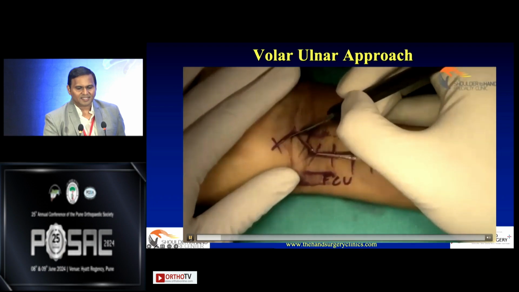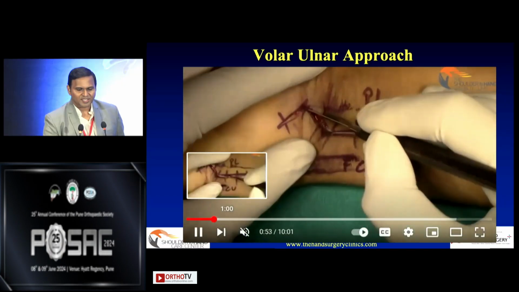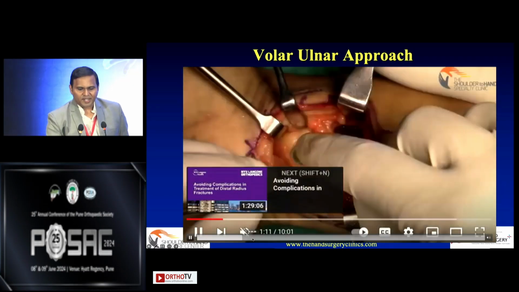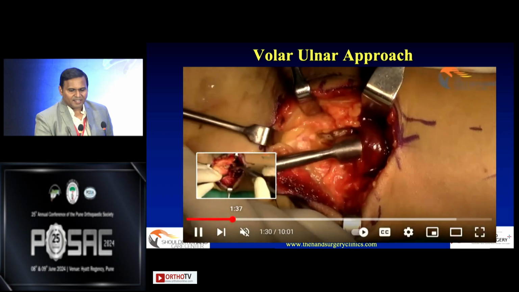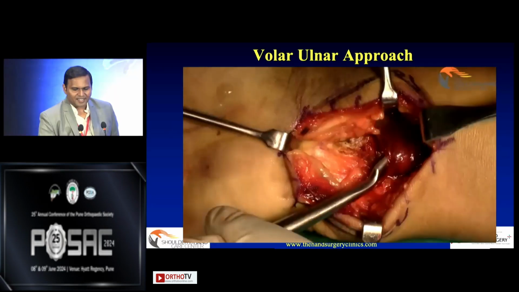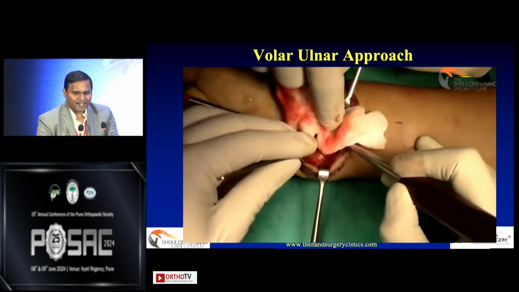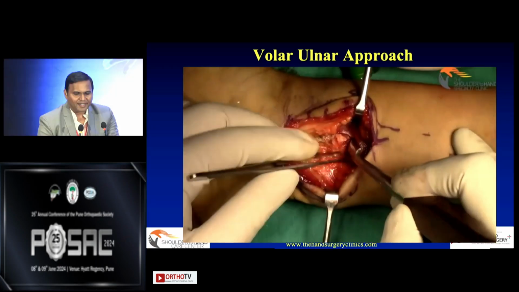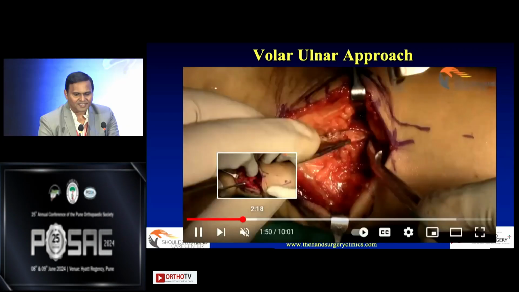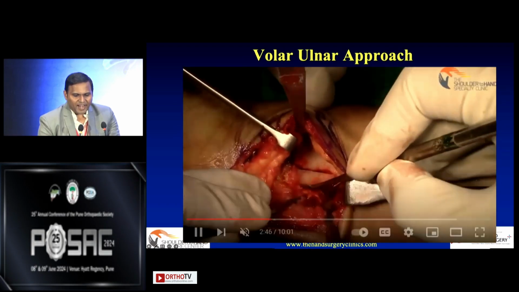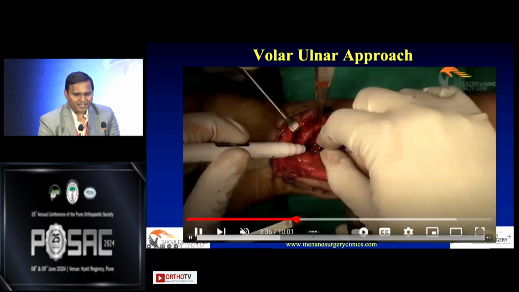We begin with the skin incision, which is similar to the extended carpal tunnel approach. The skin and subcutaneous tissue is cut, and the FCU tendon is retracted medially while FDS, FDP are retracted laterally. The pronator quadratus is identified and a tunnel is created underneath it. Once we tunnel it, then we are able to see the fracture fragment, as we can see here.